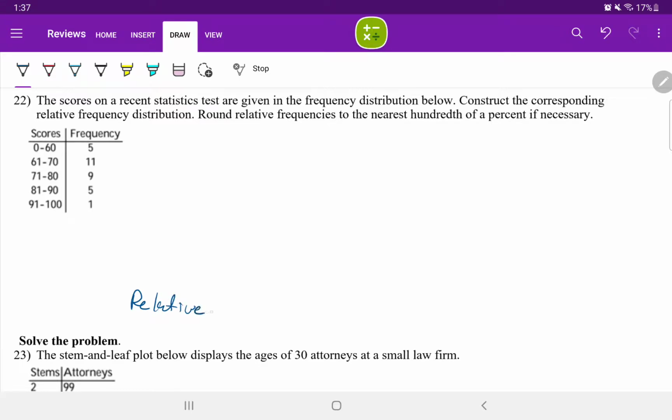Relative frequency is going to equal the class frequency divided by the total frequency.